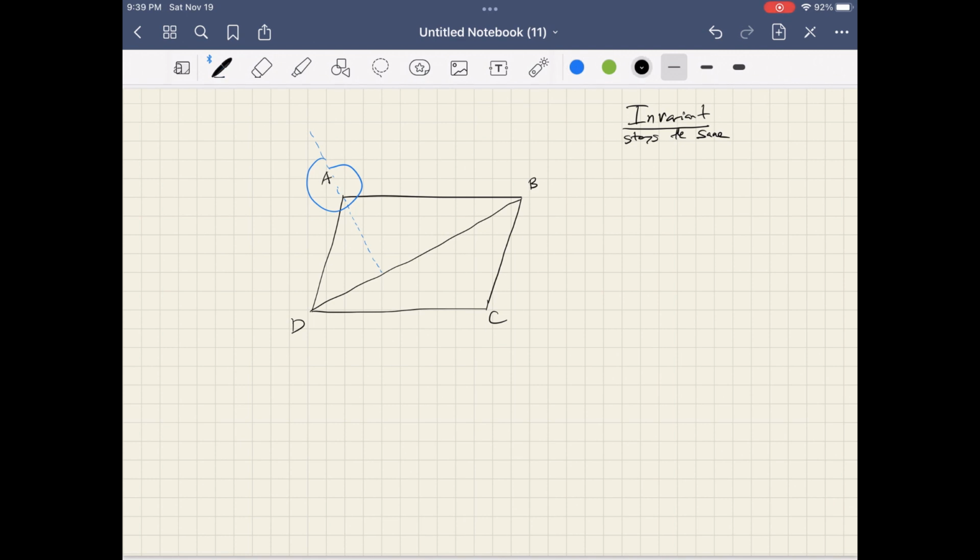And let's say that the foot of A to BD is P, right? So P remains the same as A moves along the diagonal.